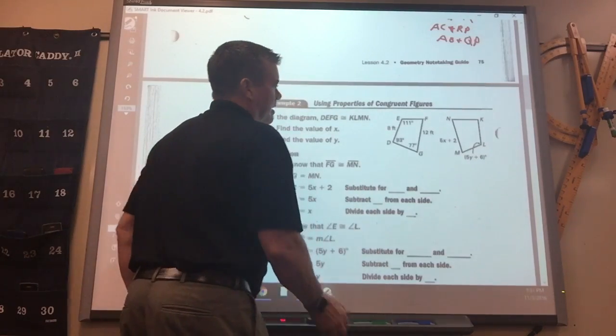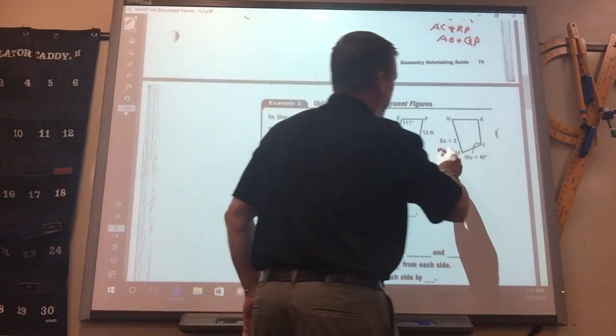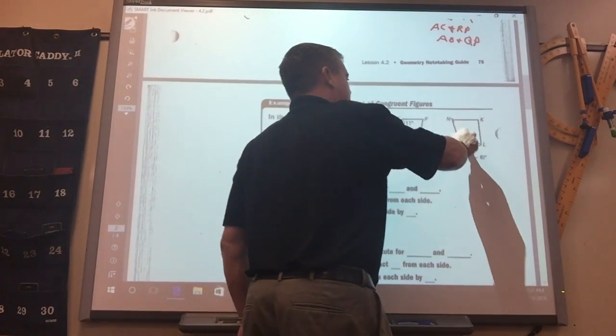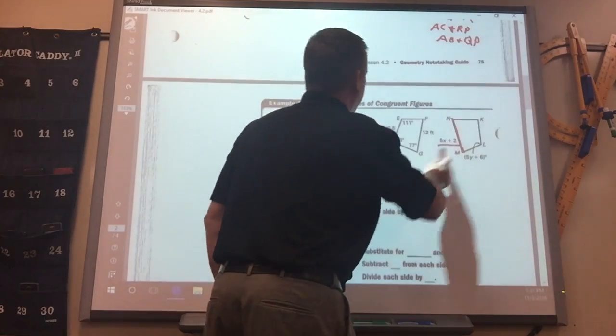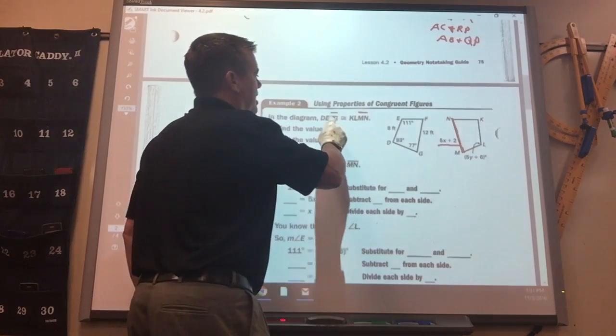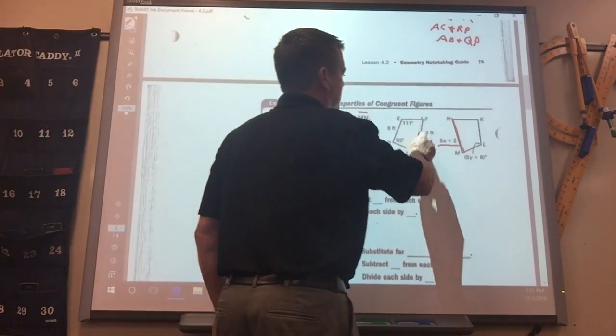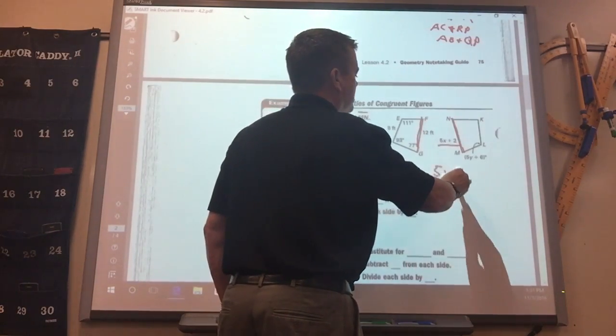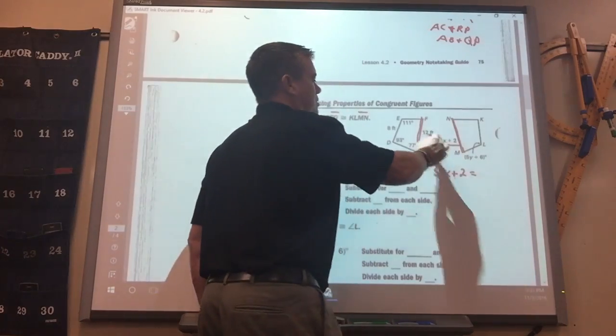So, to find x, this side right there is the same as this side, FG. So 5x plus 2 has to equal 12.